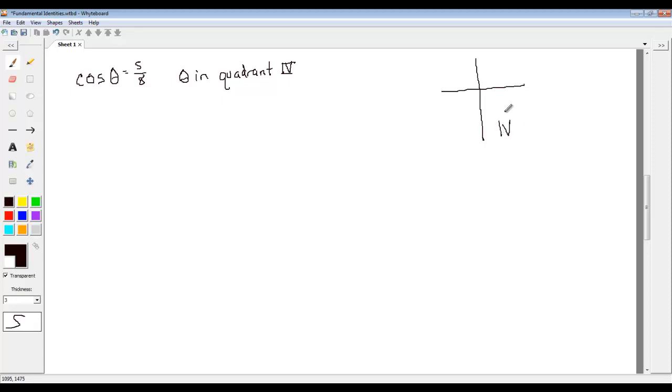A smart trig class: here cosine's positive, so would be secant, but the others are negative. So that's good to know. Alright, so with that fact, and we know what cosine theta is, let's find sine theta.